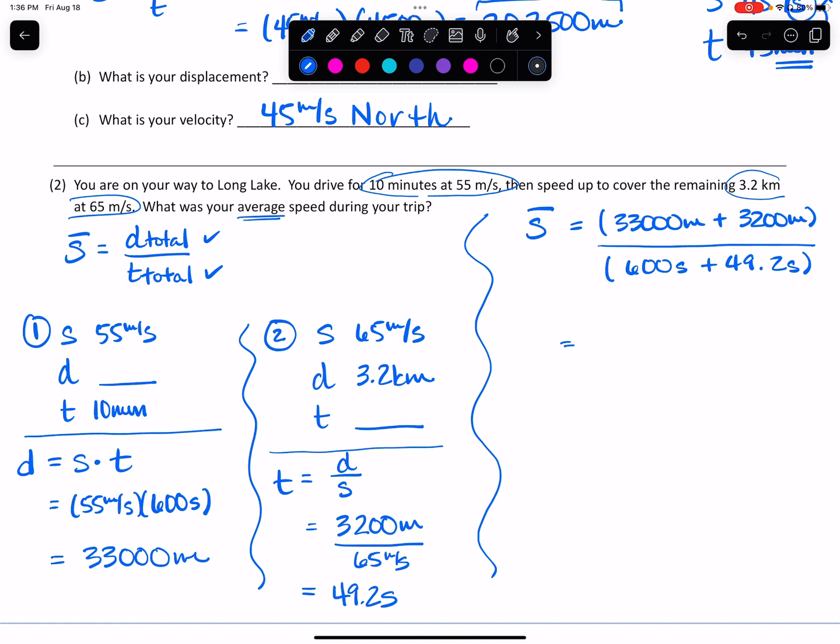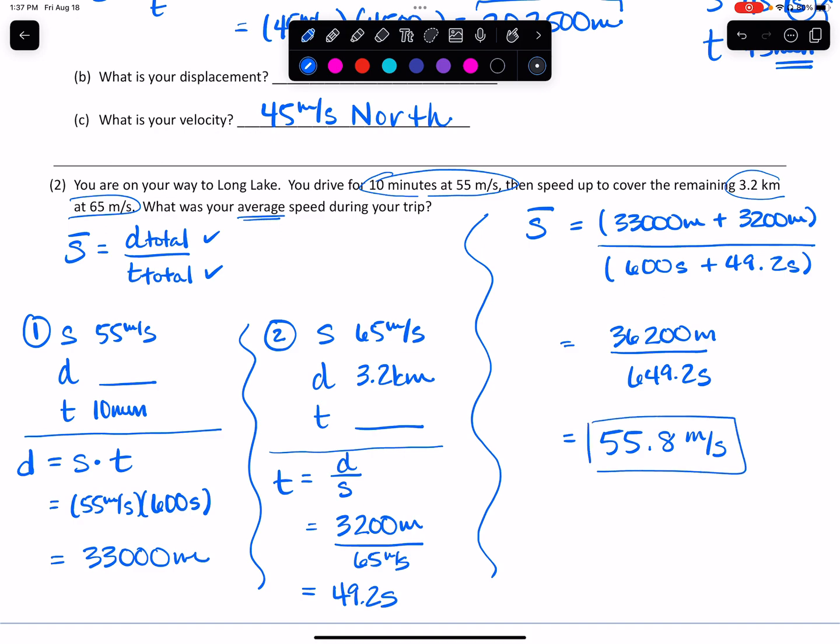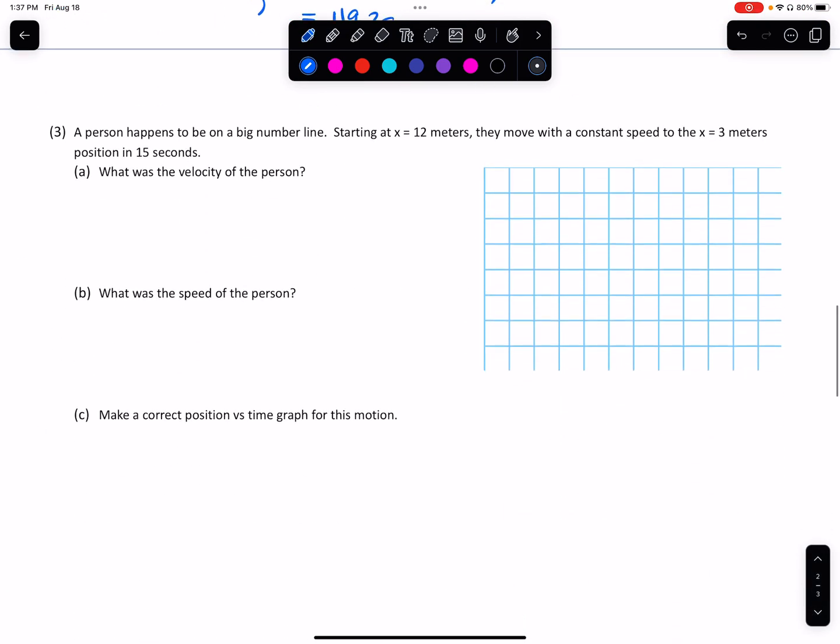So I do my addition and I find my total distance was 36,200 meters, and it took me a total time of 649.2 seconds to travel that distance. Do the division, and I find on average my speed was 55.8 meters per second. Okay?